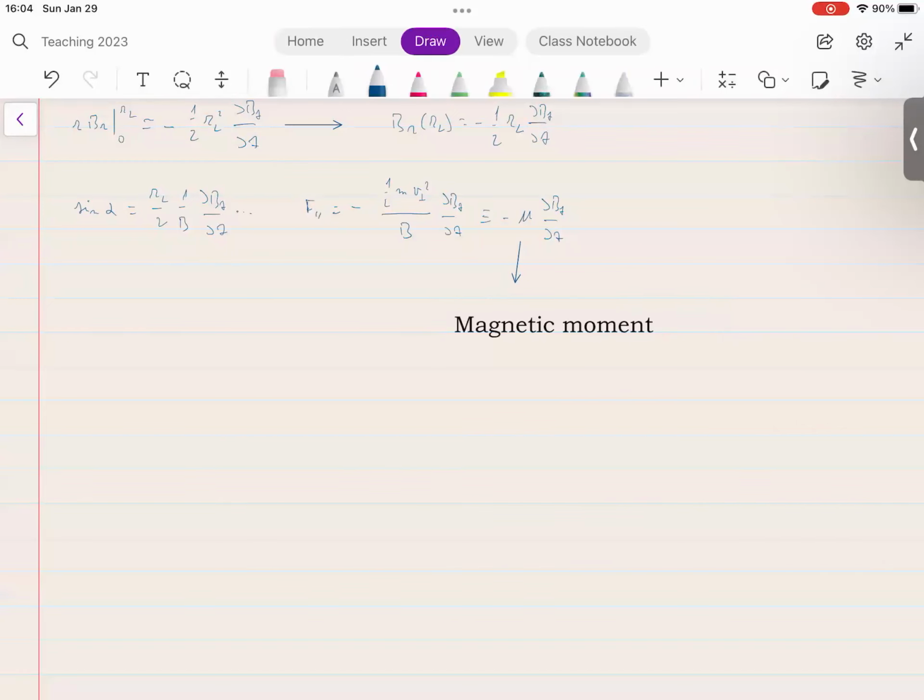And that's my definition. One half of m v perp squared over B.